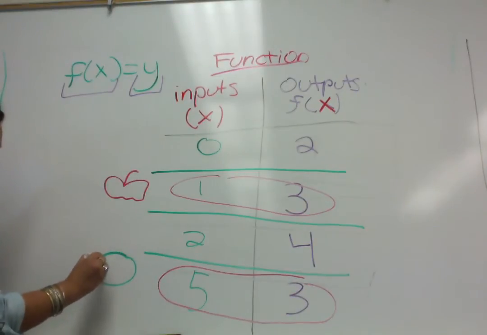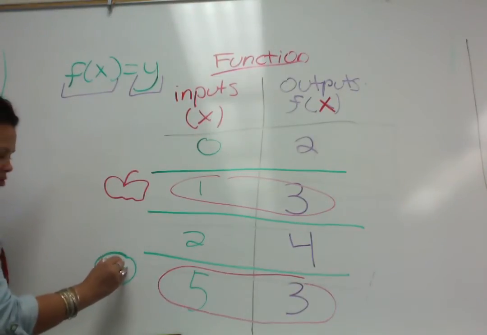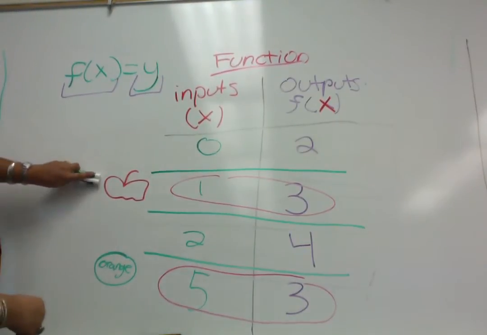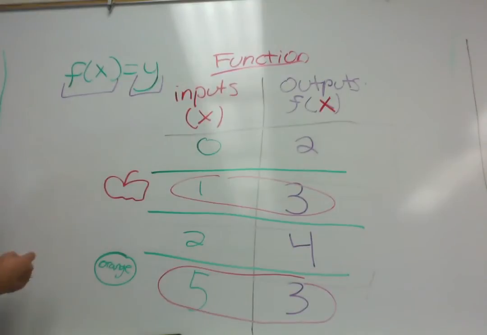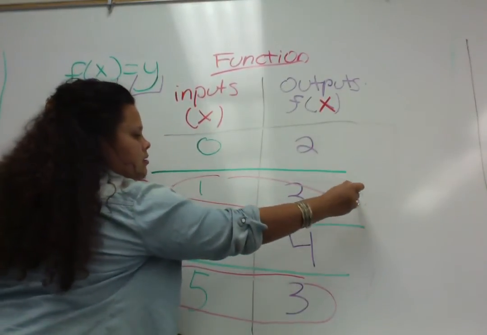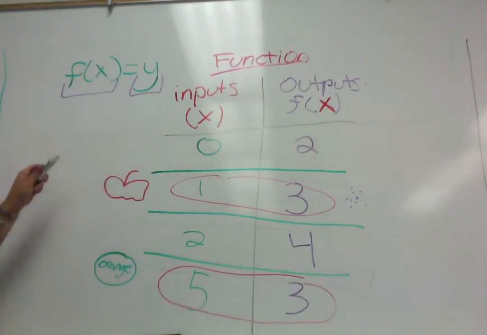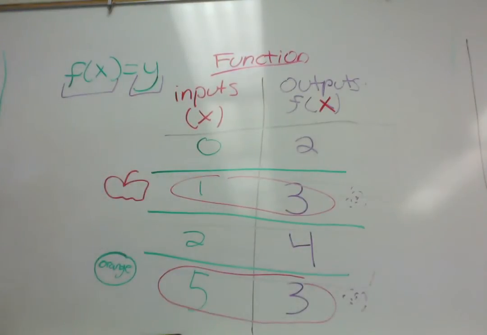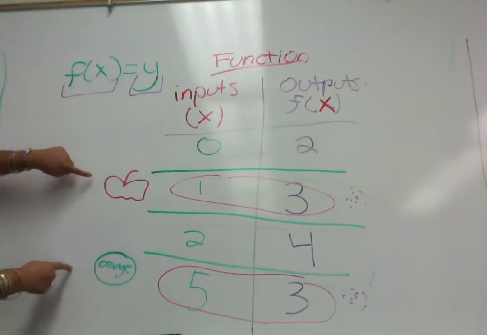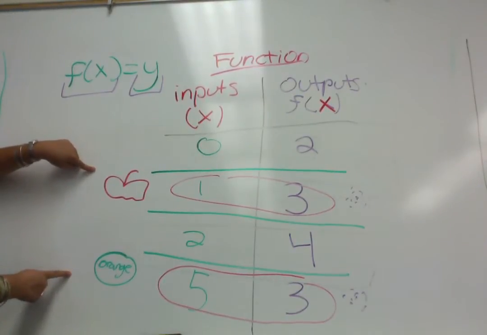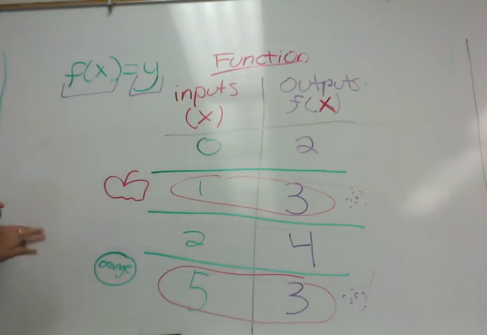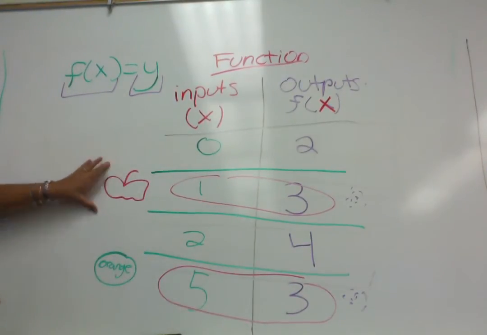Okay, this is an orange, it's green, but it's still an orange. Trust me. So, this apple goes into the machine and produces seeds. But this orange goes into the machine and also produces seeds. That's okay. You can have 2 different inputs with the same output, but you cannot have the same input with different outputs.